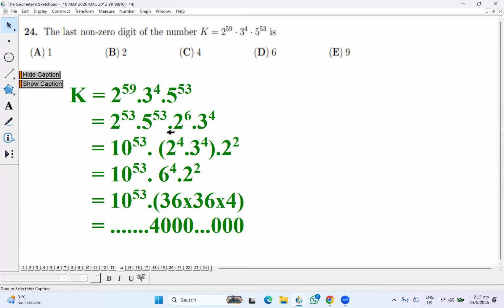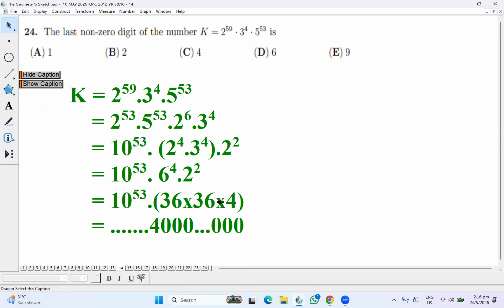So 2 times 5 is 10, so 10 to the power 53. Then we want 2 to the power 4 times 3 to the power 4, so we have 2 to the power 2 outside. This is because we want the number to be 36. 36 multiplied by itself 4 times always has last digit 6. 36 times 36 will have last digit 6.